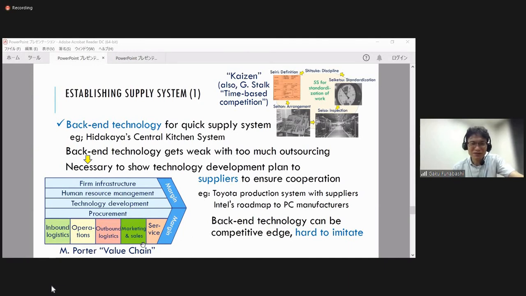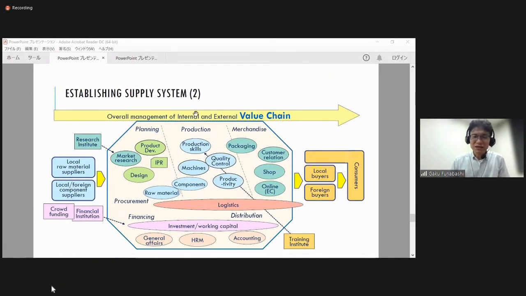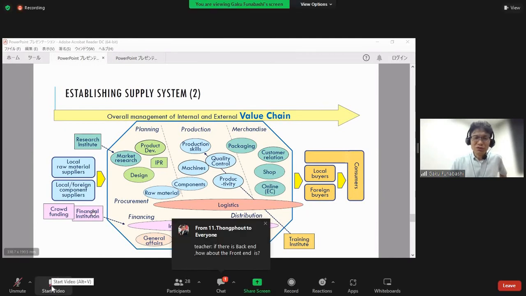So maybe it's a little bit difficult for you to think about your company based on this framework. So I made my own version, trying to include more processes in the value chain, and also trying to show suppliers and buyers and some other related organizations.